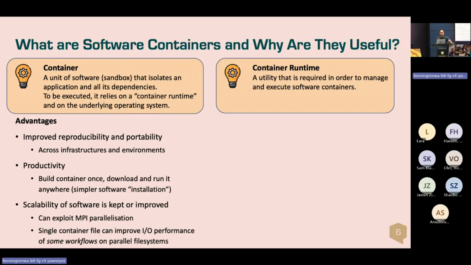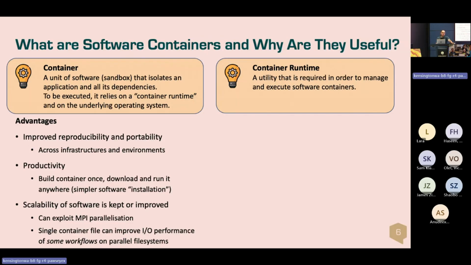It is reproducible because you don't have to install the same software on different machines. And when you install software on different machines, it's always a different installation. It can vary depending on the dependencies already installed on the systems and what versions of those dependencies. When you have a container, you specify exactly what software and dependencies you're using. So it's reproducible. It's the same software you're using on different systems.